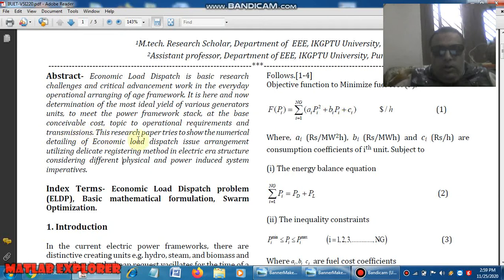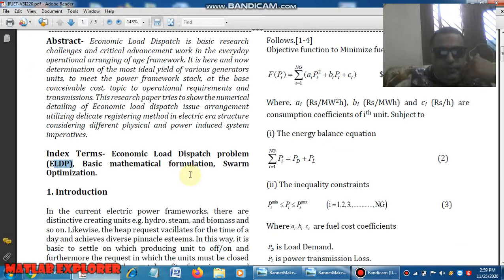Under the abstract, you have to include the keywords for your paper, because you can use these short forms in the further sections rather than writing the complete words each time. You can simply write them in short, so you can mention them in this keyword section.